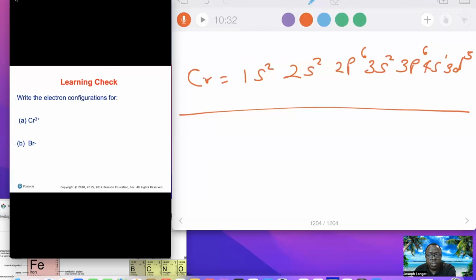This is just neutral chromium. If we remove 3, the 4s electron goes and 2 will go from the 3d, leaving 3.